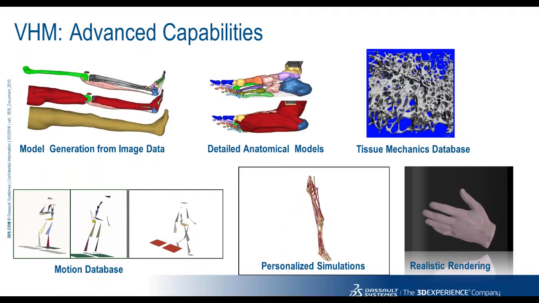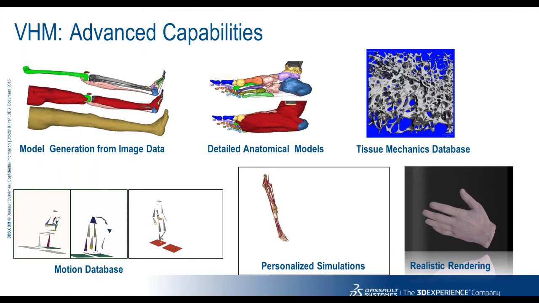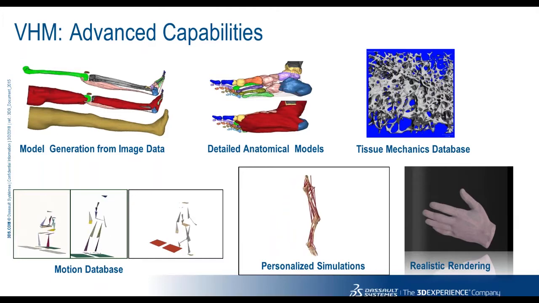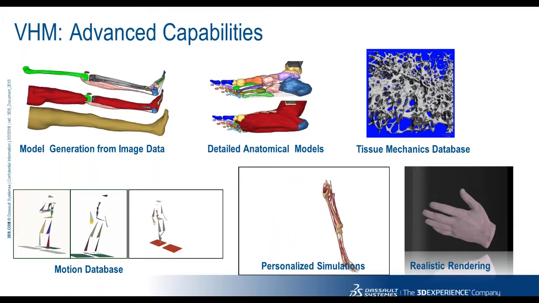We have also developed our own library of tissue mechanics models and common everyday motions that can easily be applied and tuned for the application being studied. All of this can help create personalized simulations to develop patient-specific medical implants or patient-specific surgical intervention plans.